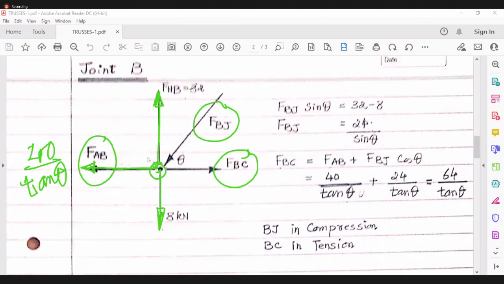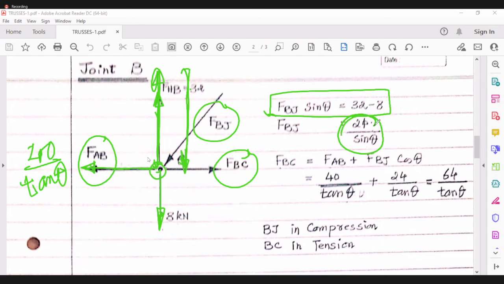This is 32 and 8. So we have a net 24. So FBJ must be having 24 downward, isn't it? If that is the case, then FBJ sin theta should be equal to 24. So FBJ is 24 by sin theta and it is in this direction.